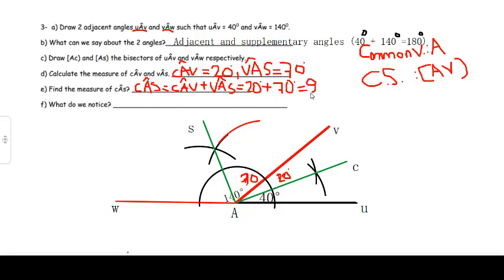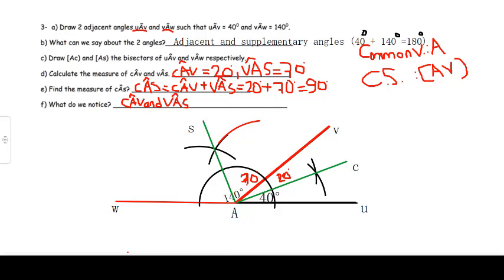What can you say if the two angles, their sum is 90 degrees? What can you say about these two angles? We can say that CAV and VAS, the sum is 90 degrees.